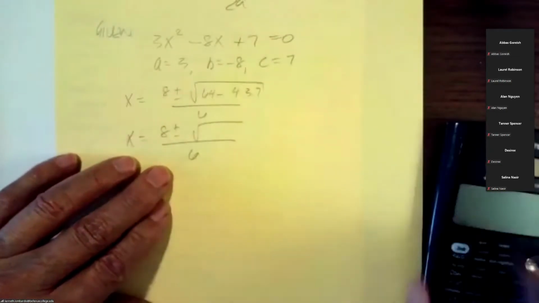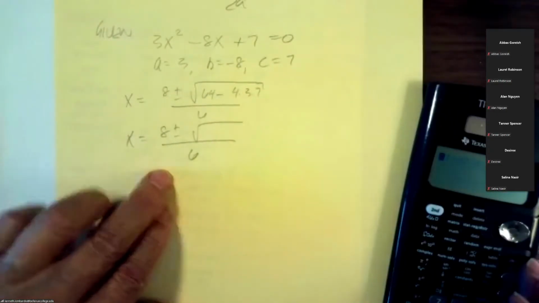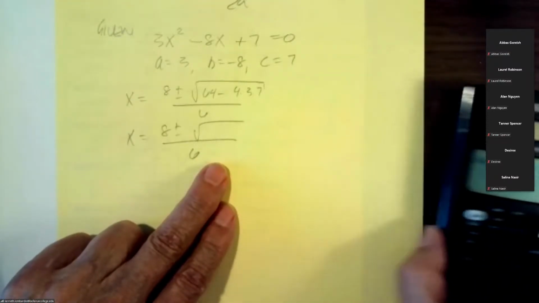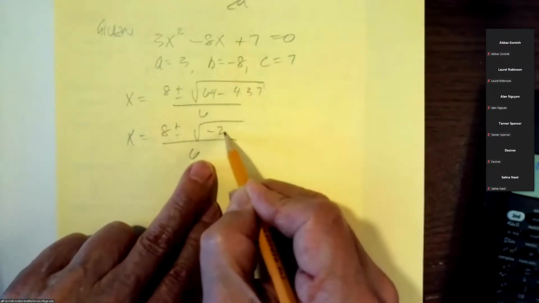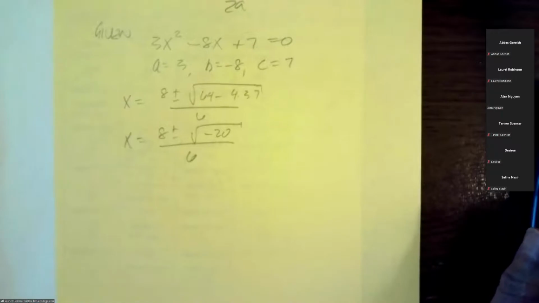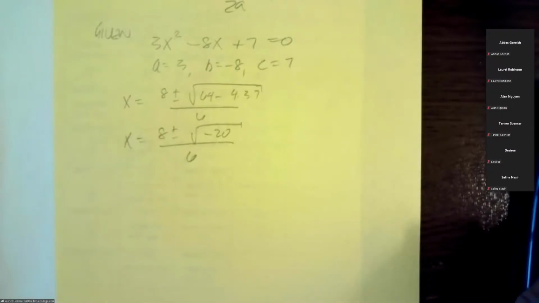Let's get out our calculator here. We want 64 minus 4 times 3 is 12, times 7. So it looks like it's negative 20. Is that what you got? Yeah, so far. Okay, so far so good.